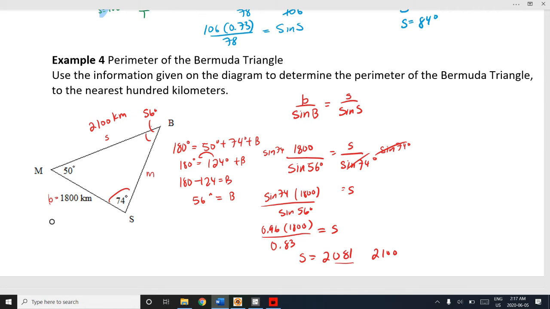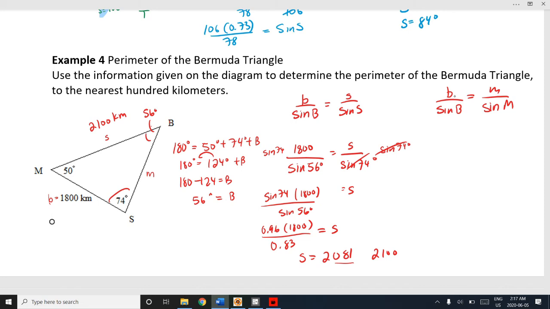Now, let's try finding side M. So we can use the same ratio that we've had here. Side B over sine B is equal to side M over sine of angle M. And let's start plugging in some values into this.